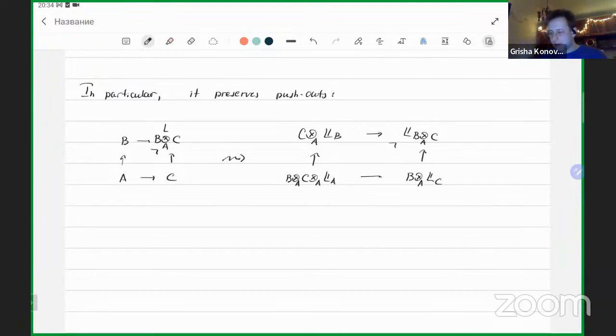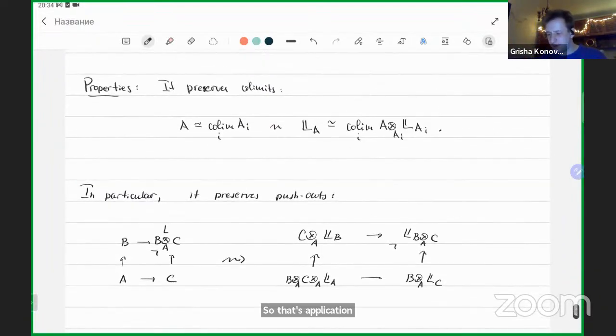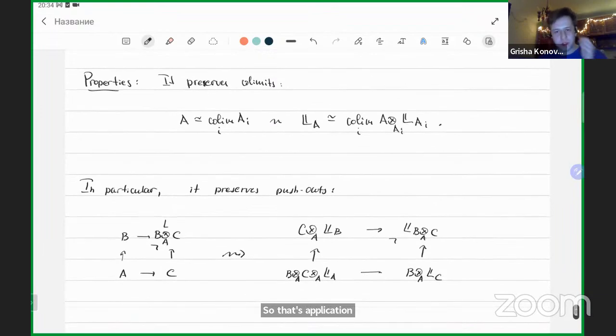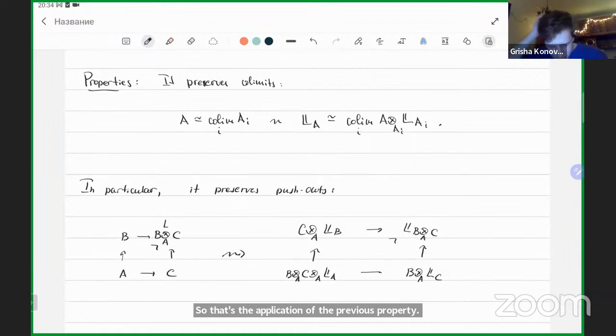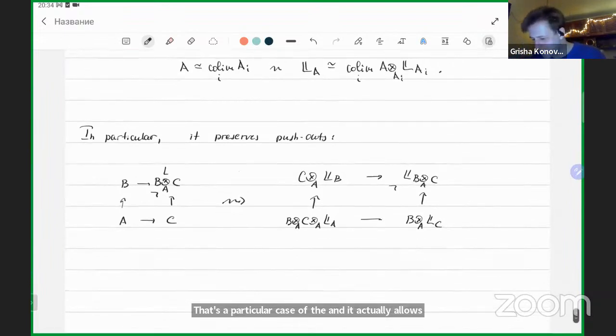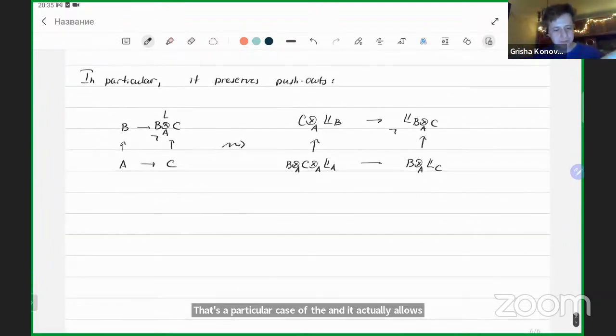So that's the application of the previous property. That's a particular case of the previous property. And it actually allows us to compute the cotangent complex. And let me give an example.